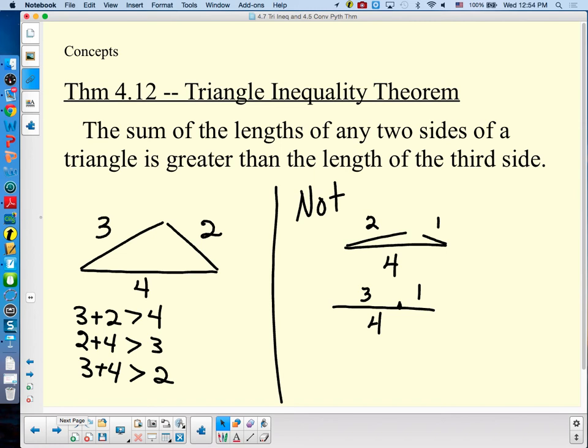Okay, will the lengths of 8, 8, and 6 make a triangle? Yes or no? And I'm not going to trick you. Let's say it's all inches.